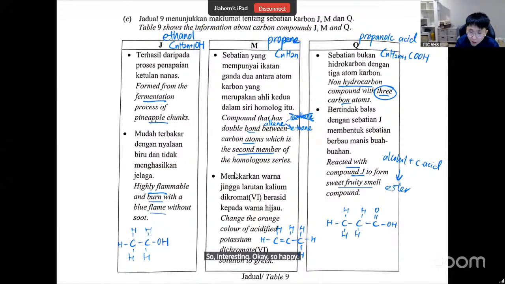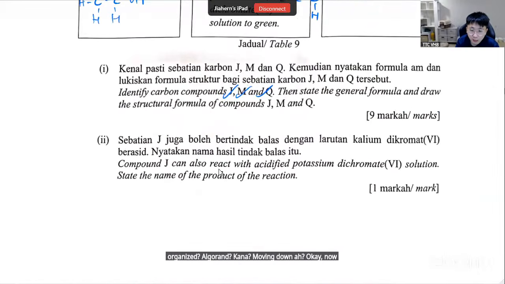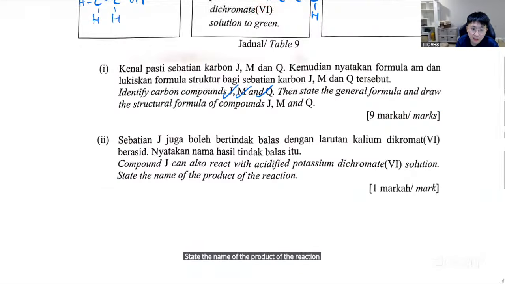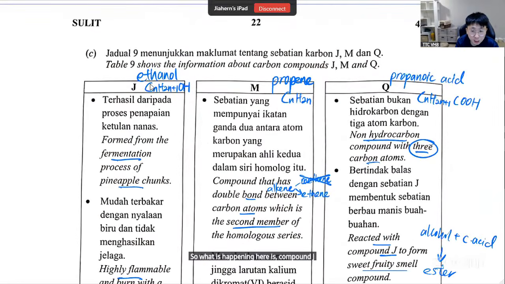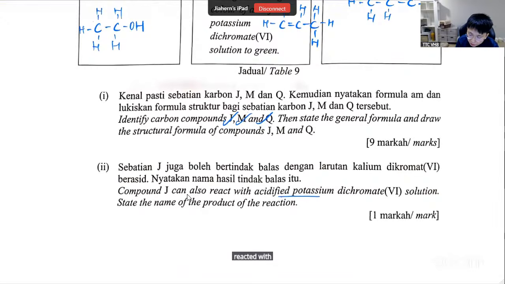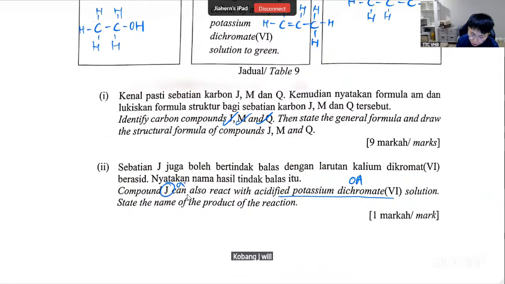All good, guys? Okay, moving down. Now compound J can also react with acidified potassium dichromate solution. State the name of the product of the reaction. So what is happening here? Compound J is ethanol. If ethanol reacts with acidified potassium dichromate, which is an oxidizing agent, compound J will undergo oxidation.